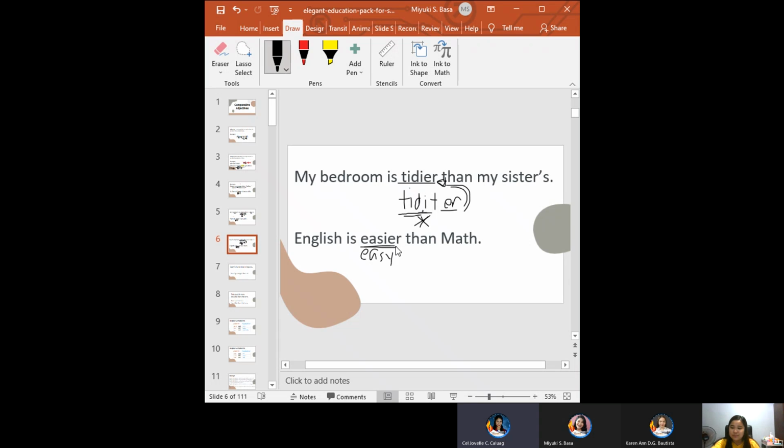Ma'am, from the third rule, when the adjective ends with letter Y, we will remove the letter Y and replace it with letter I, and add the suffix ER to make it a comparative adjective. Okay, that's correct. You really understood the third rule. So now let's proceed to our fourth rule.